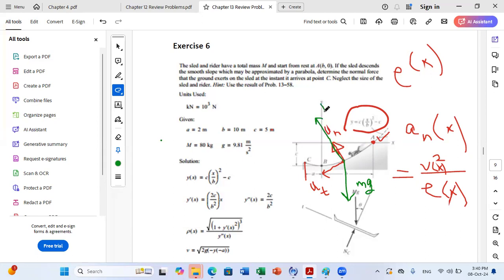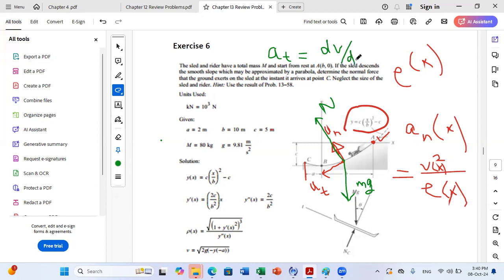First, the velocity is related to acceleration, okay? So if I want to determine v at any position, I need acceleration, which is at, because at is by definition dv by dt. Since at is dv by dt, I need to get information about at, okay? And to get information about at, all I have to do is to project on ut.